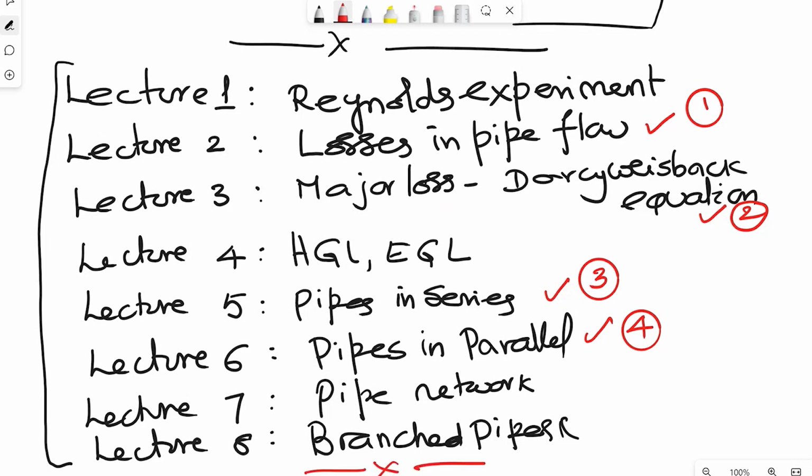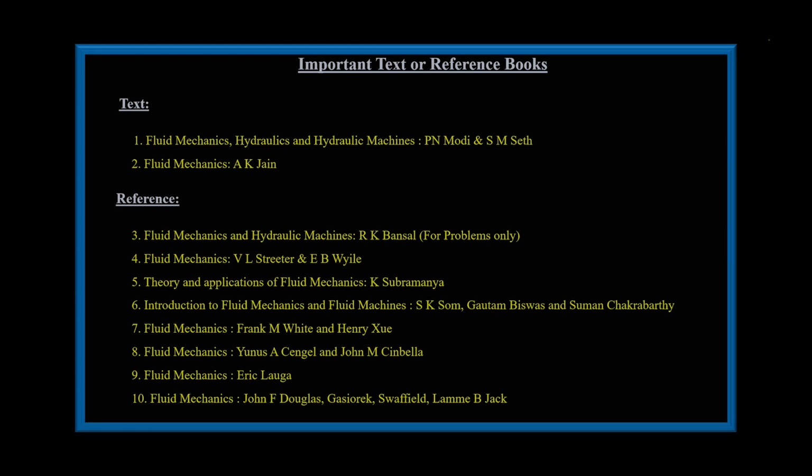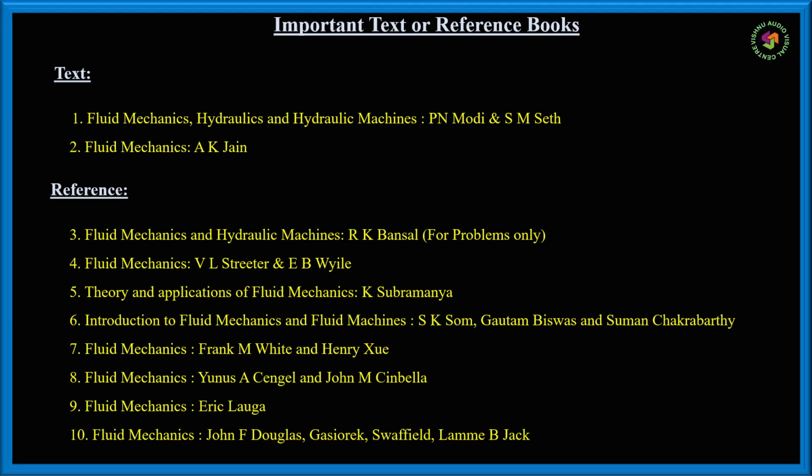With lecture 8, we have completed the pipe flow analysis. Again I am repeating that the problems are on lecture 2, lecture 3, and lectures 5 and 6. Four problems are there. Kindly work on the problems.